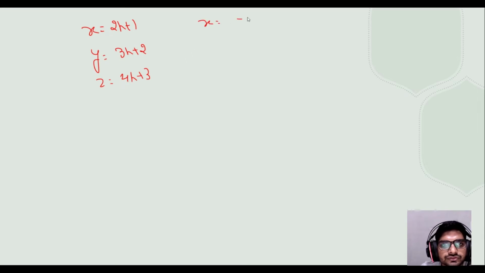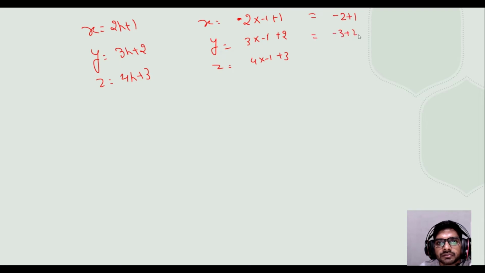So x equals 2 into minus 1 plus 1, y equals 3 into minus 1 plus 2, and z equals 4 into minus 1 plus 3. So this will give minus 2 plus 1, minus 3 plus 2, and minus 4 plus 3.